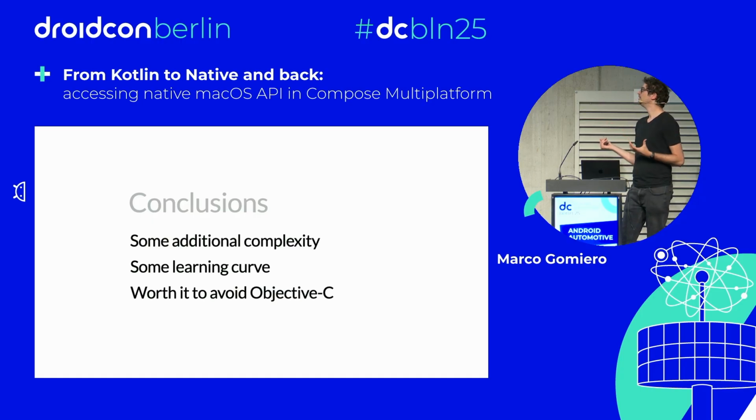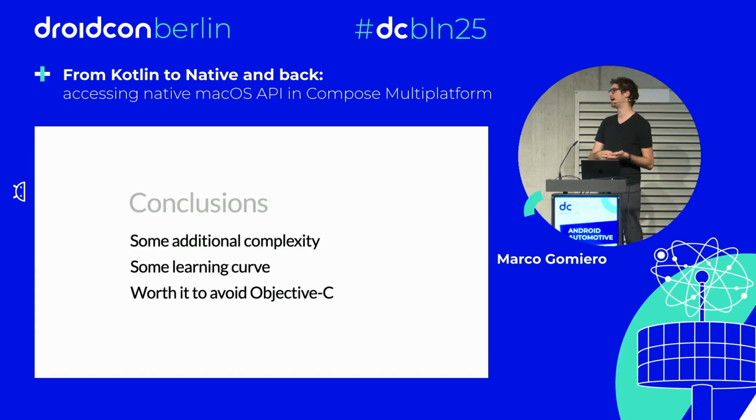For example, iCloud was a perfect example, but you can also call something else, like, I don't know, you want to have in-app purchases on a macOS app with Compose Multiplatform. You need to access StoreKit and do things in there, so maybe you can do it in this way. Or, I don't know, every other API that is macOS specific and not exposed by the JVM.